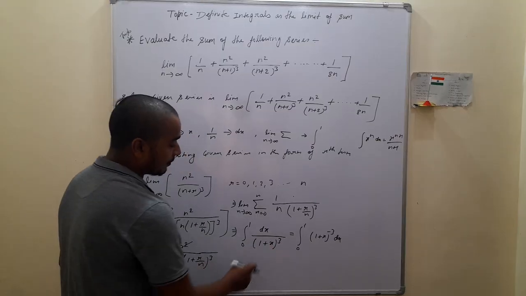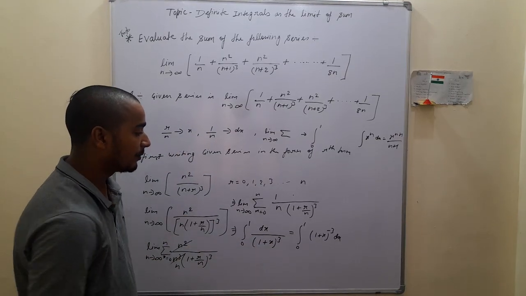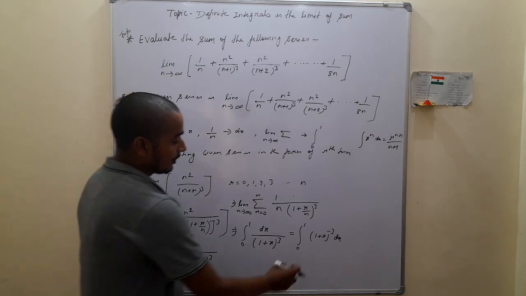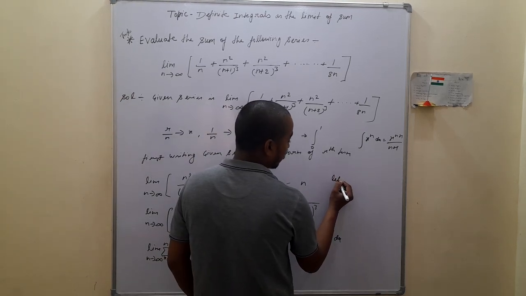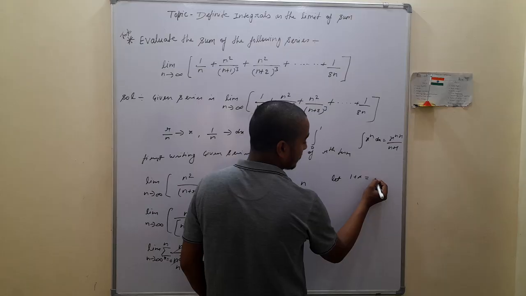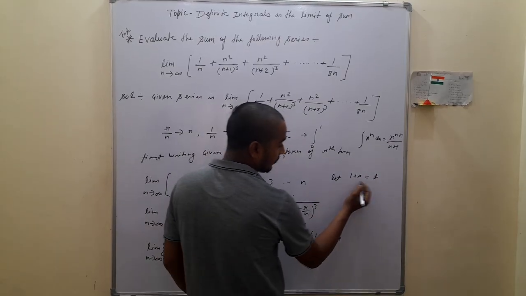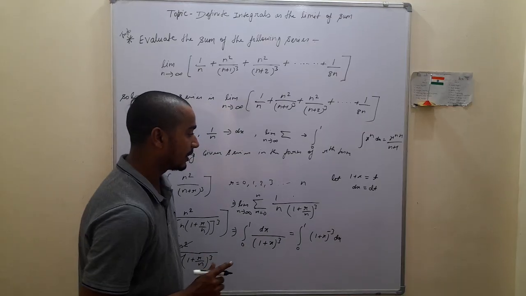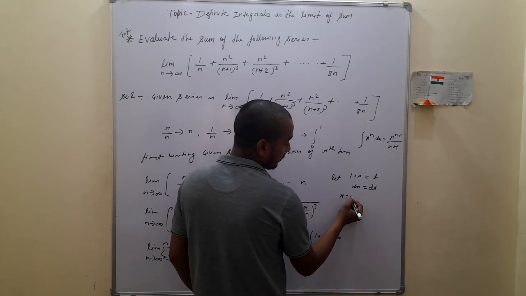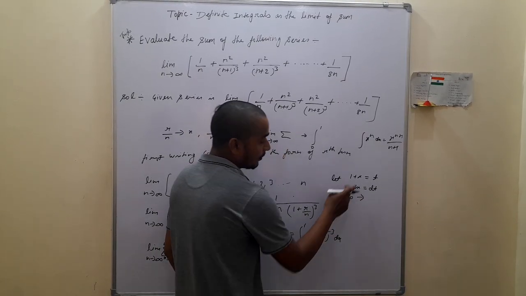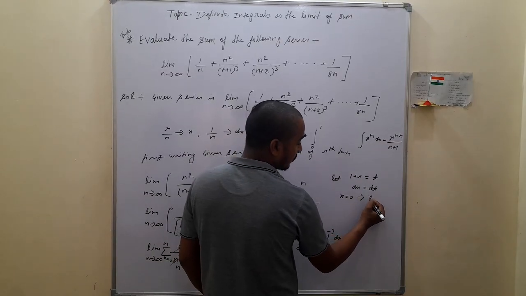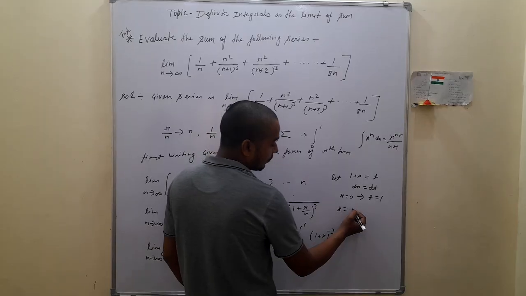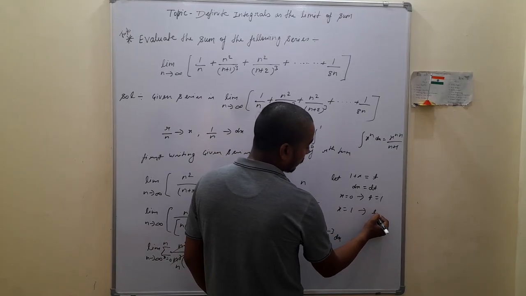(1 plus x) cube is taken to the numerator, so we get the minus power. From here we let 1 plus x be t, and differentiating we get dx is equal to dt, and we also have to change the limits. When we put x is equal to 0, we get t is equal to 1, and when we put x is equal to 1, we get t is equal to 2.